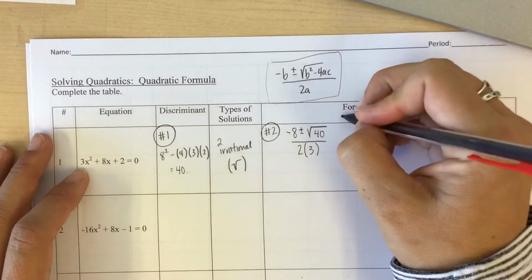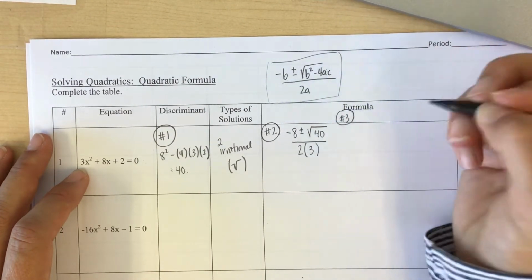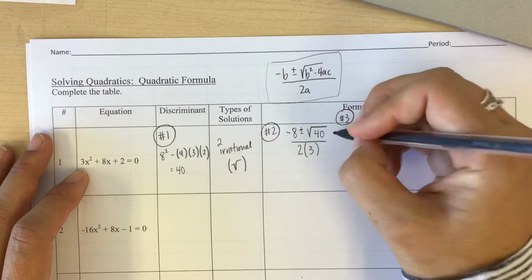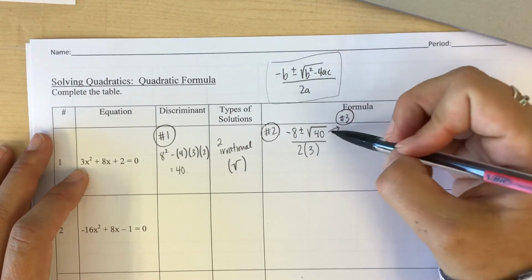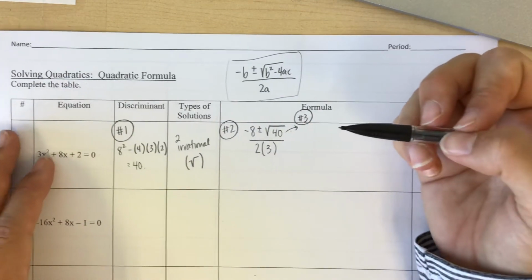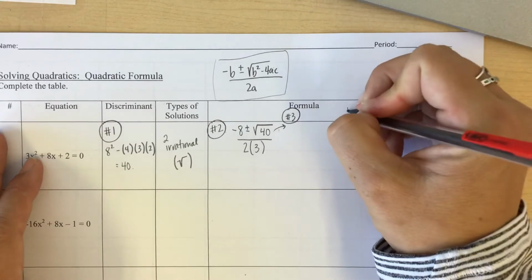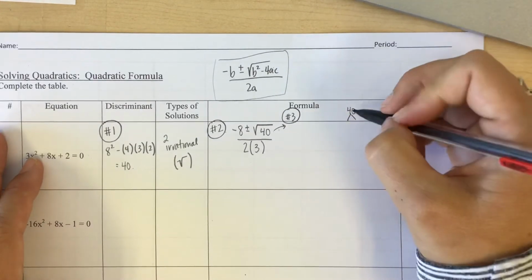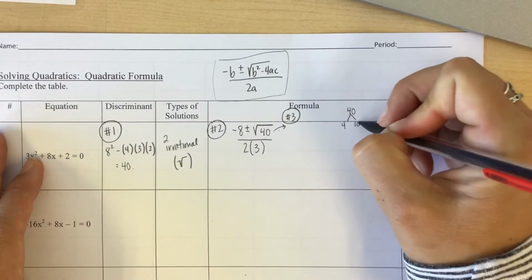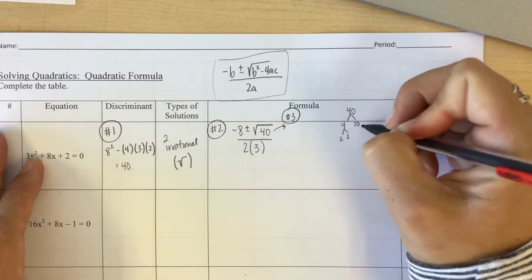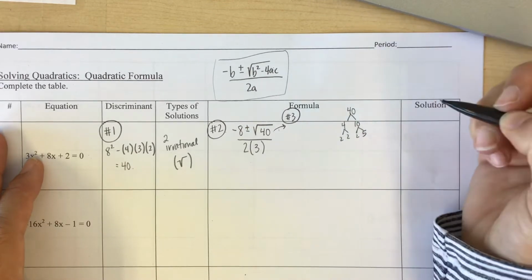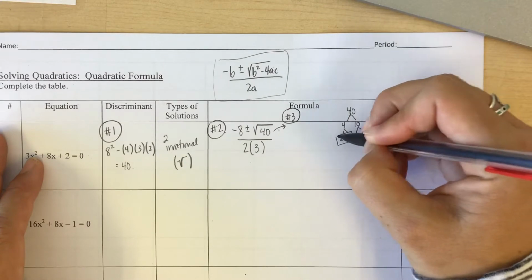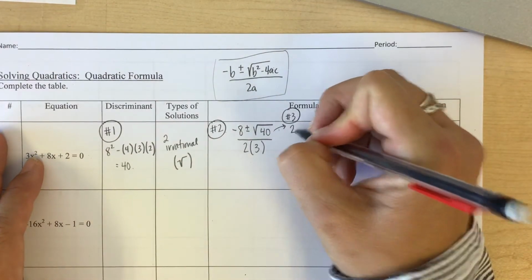Okay. Step number 3 is going to be to simplify our radical. So if I look at this, 40 is not a perfect square, right? So remember what we talked about, simplifying radicals. I'm going to do my factor tree. So 4 times 10. This breaks down into 2 times 2, and this is 2 times 5. Pairs come out. So I have a pair of 2's, so 2 comes out.